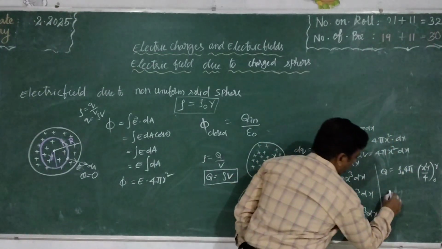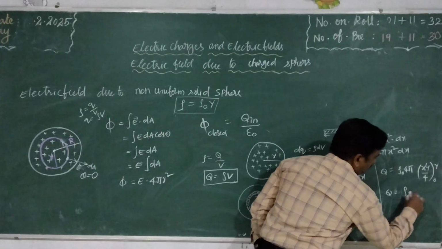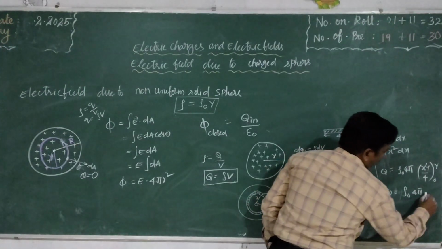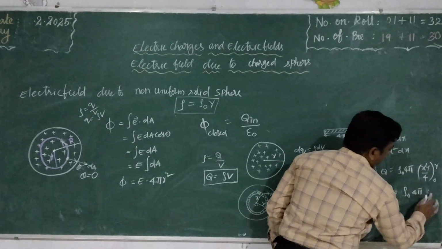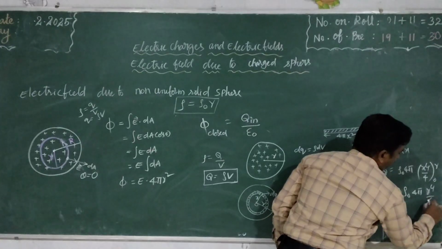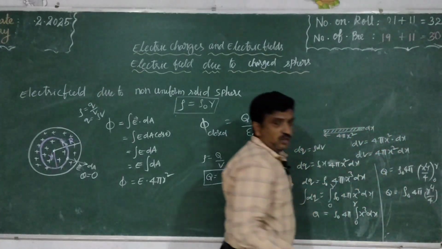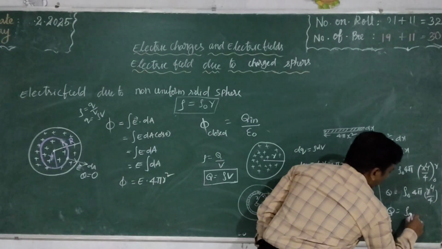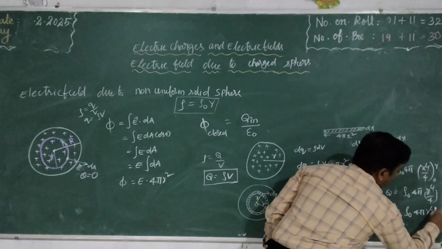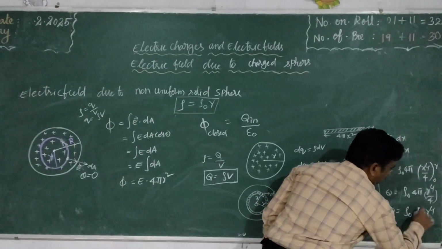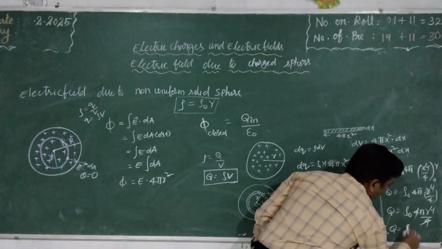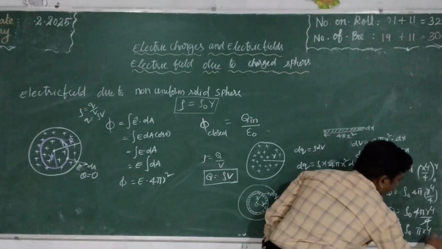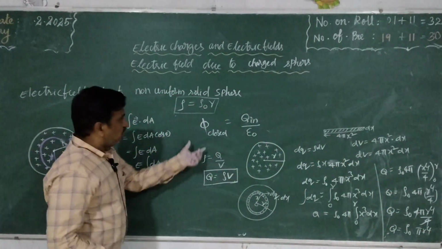Instead of x we write the upper limit r, and the lower limit 0 gives no value. So q equals rho naught 4 pi r to the power 4 by 4. The 4 cancels, so q equals rho naught pi r to the power 4.